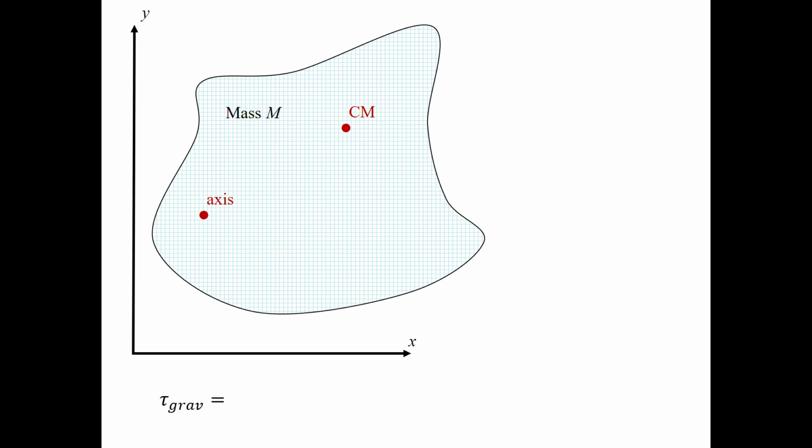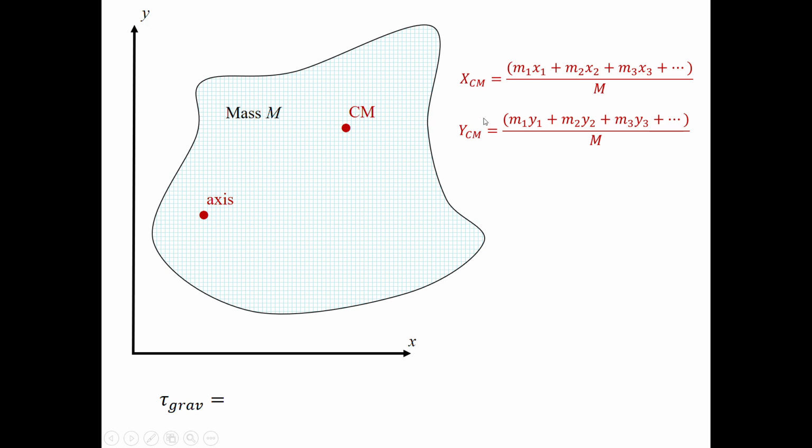And to calculate the location of the center of mass, we of course need some coordinates. So here I've drawn in some x and y coordinates. It doesn't really matter what coordinate system you use, but usually if we're talking about gravity, it's convenient to take one of them vertical and the other one horizontal. And once we've done that, we can define what the x and y coordinates of the center of mass are.